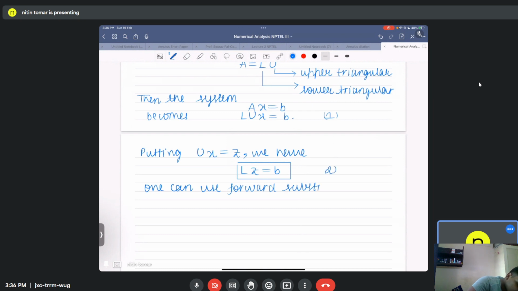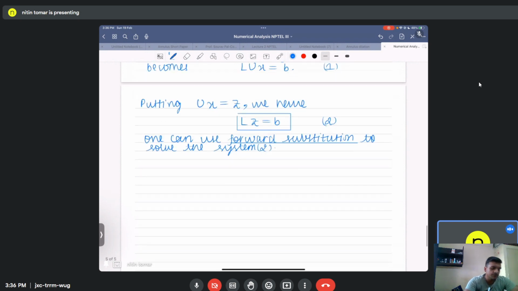Let's say equation 2. Forward substitution to solve the system given in 2. Now let's say you have a solution to Lz equal to B. Now how can you recover your original solution? Your original solution is x, right?